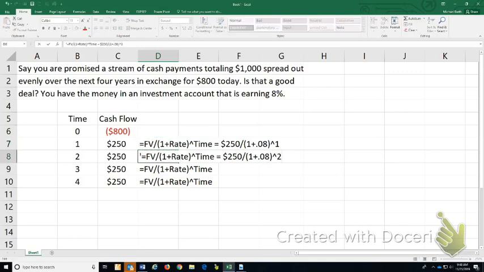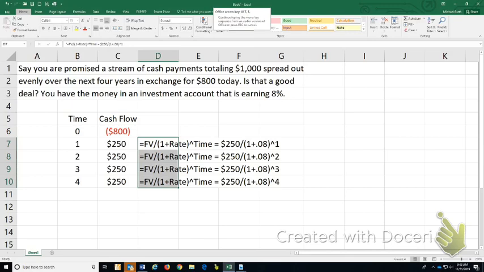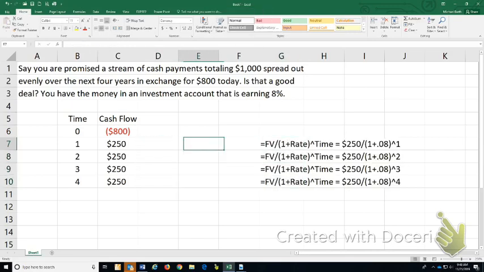This one would be raised to the second power, this one raised to the third power, and this one raised to the fourth power. Okay, so we're using the same basic formula for each of these. The only difference is that this 250 will be after earning interest for 1 year. This one will be after earning interest for 2 years, and so forth.